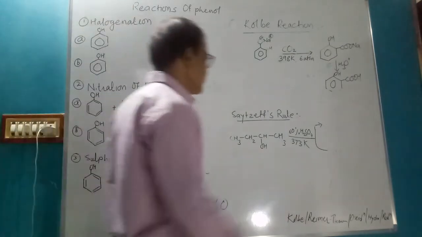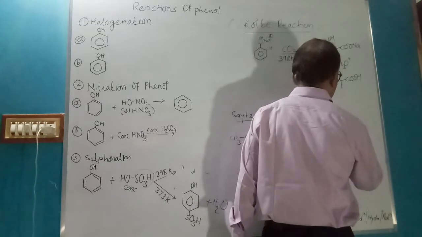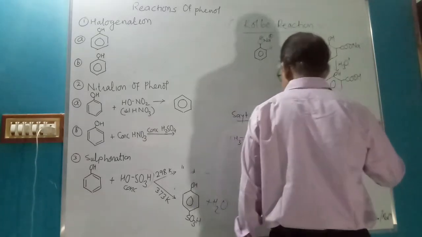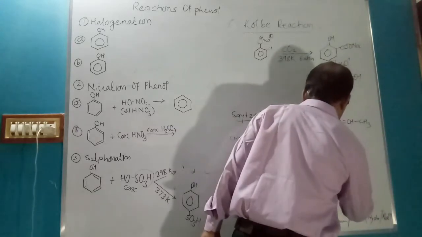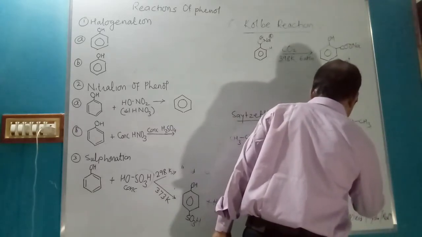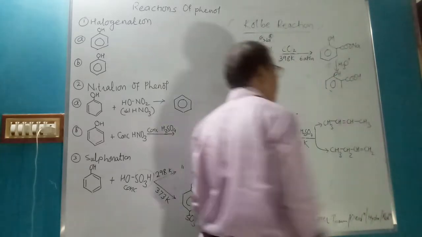So first one is CH3 CH double bond CH CH3, and second one is CH3 CH2 CH double bond CH2.